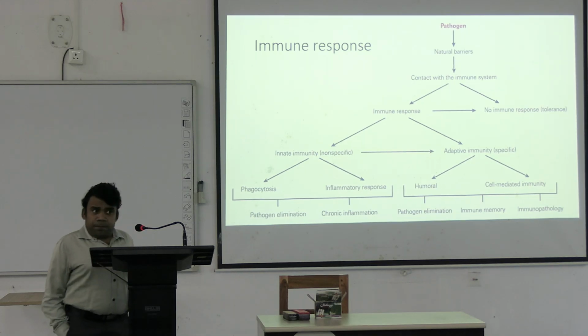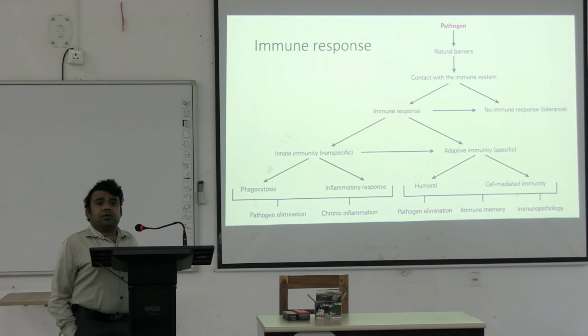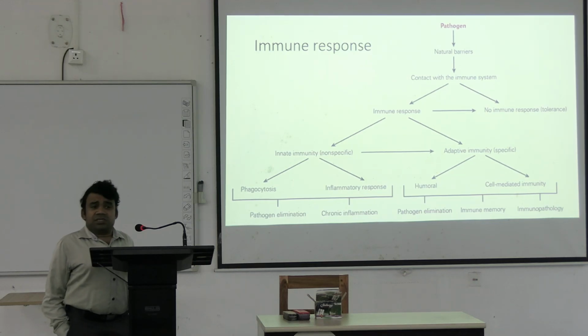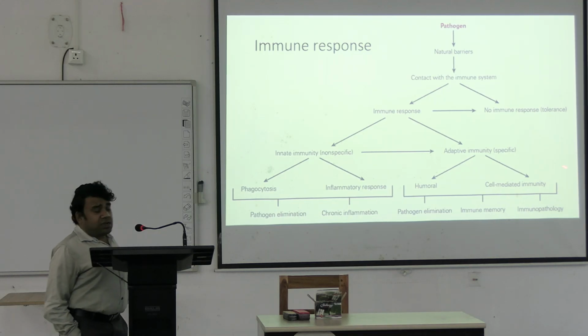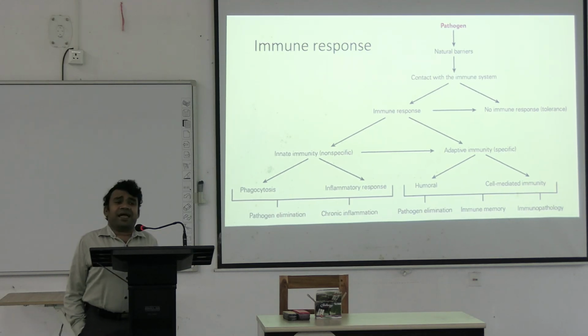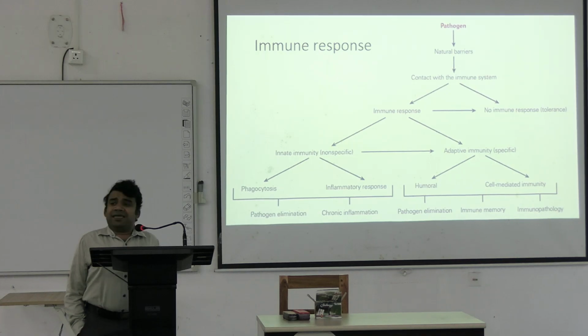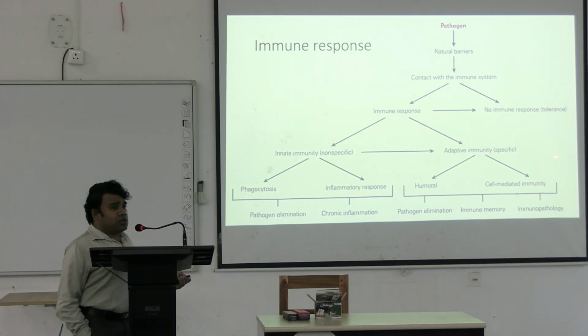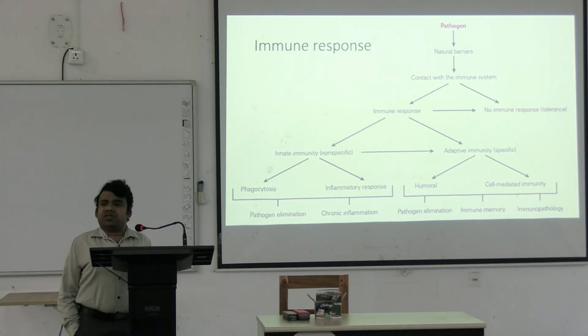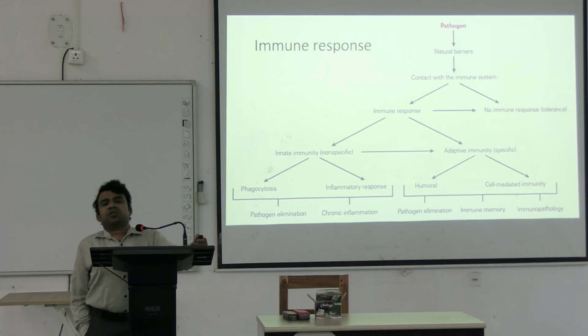Simultaneously, if the body is not able to get rid of the pathogen, or during phagocytosis the antigens of the pathogen are exposed, those antigens will trigger what we call the adaptive immune response. In the adaptive immune response, if the B cells are triggered, that is the humoral part of the immune system, the B cells will process the antigen of the pathogen and expand some of the B cells clonally to form plasma cells.